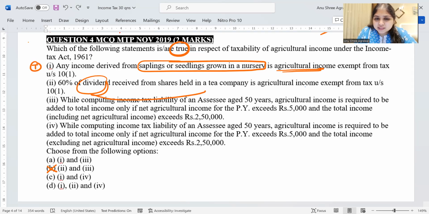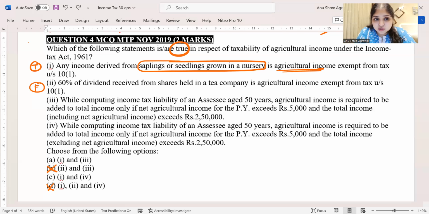Is dividend from this tea company also agricultural income? No. Separate legal entity, guys. Company's income is agricultural income, but shareholders' dividend income can't be agricultural income. So dividend income is not going to be agricultural income. Sorry, assessee, this is false. So which means, do you agree it can't be option D also? It can be either option A or option C. It is not option B, not option D.